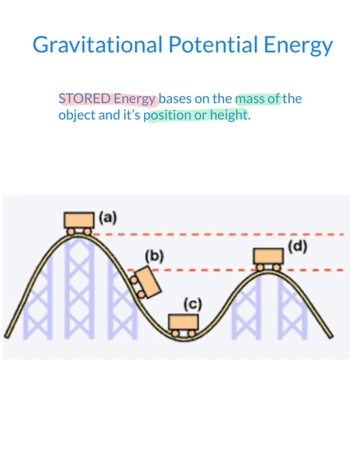The higher up the mountain he was, the more potential energy he had. The higher the rock was, the more potential energy it had. So based on this little problem here, I wonder, if they're all the same cart, so they have the same mass, which one of these carts has the most gravitational potential energy? Remember, the higher it is, the more gravitational potential energy there is.